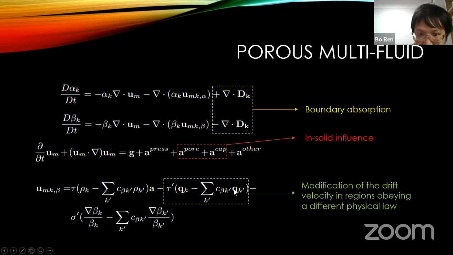Well, the QK is proportional to the pressure gradient in Darcy's law. So we can just use this QK in Darcy's law to replace the original pressure gradient to make the inner drift velocity calculation complete.